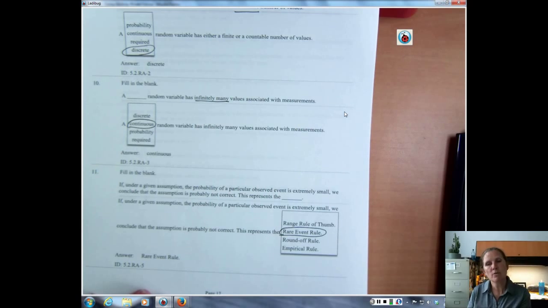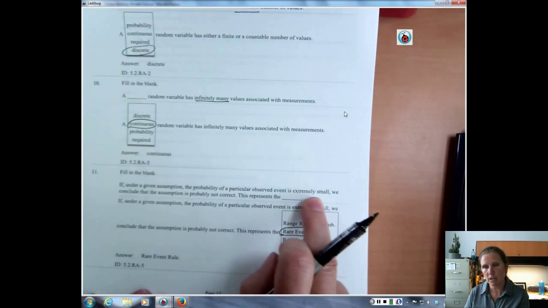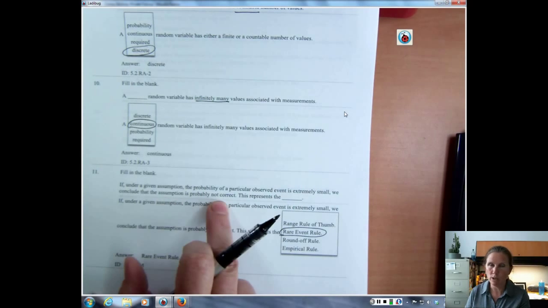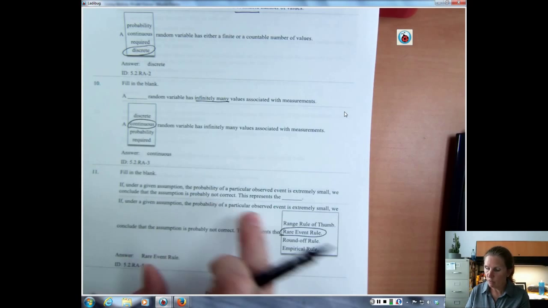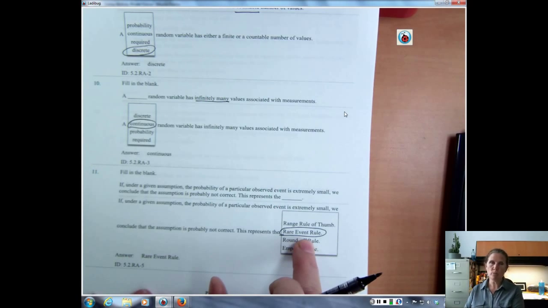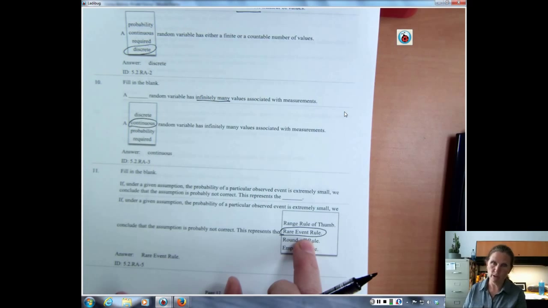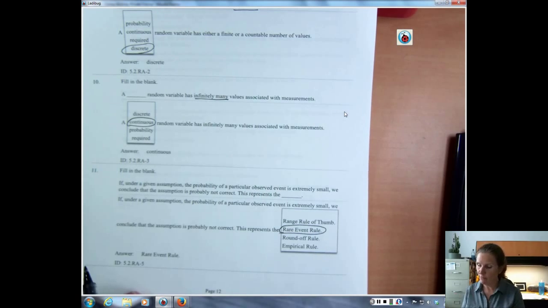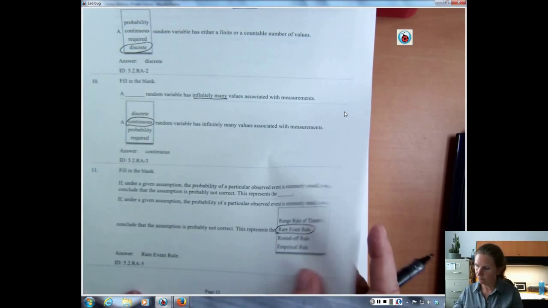So the probability is extremely small that that's going to happen. So we would probably assume that my assumption was not correct, that I wasn't really going to get a hole-in-one that day. This is the rare event rule. If you get such a small probability, below 5%, that means you've probably made a bad assumption right from the beginning. That's the rare event rule.